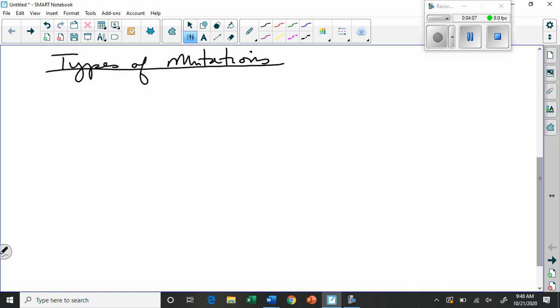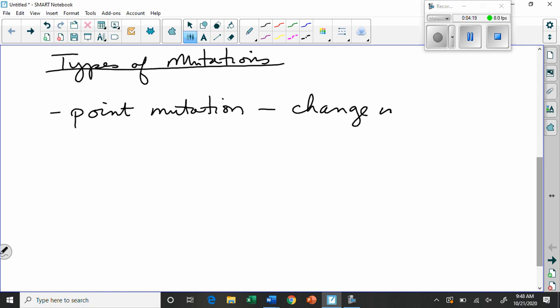Okay, so there's what's called a point mutation. This is a change in one nucleotide, so one spot on the DNA. Remember that a nucleotide is basically the nitrogenous base, the ribose sugar, and the phosphate group. So those things get knocked out of place.